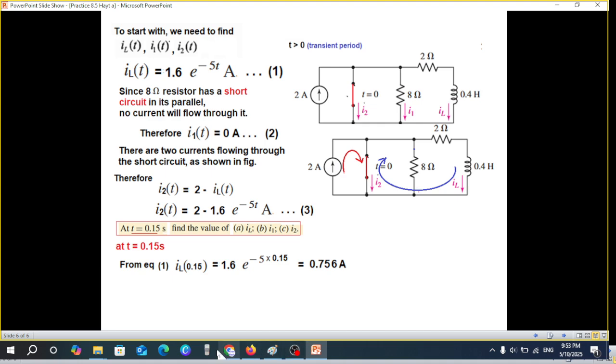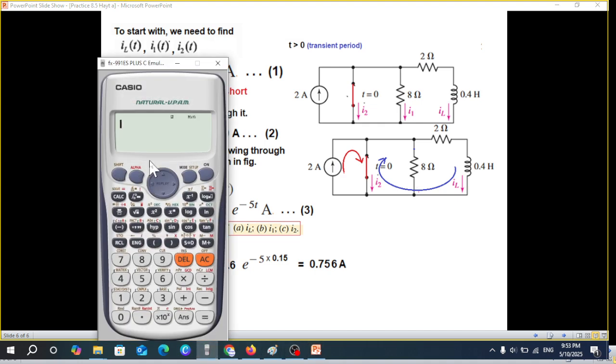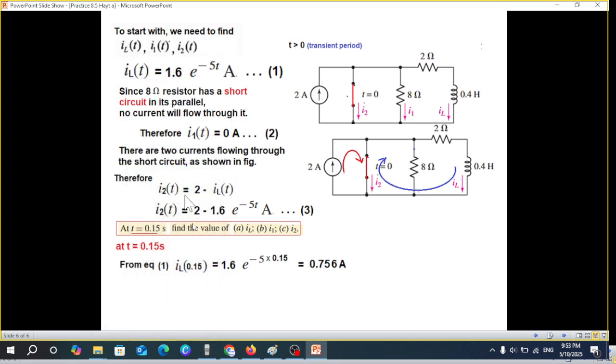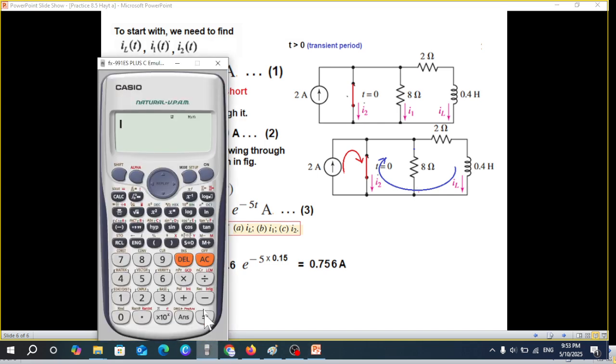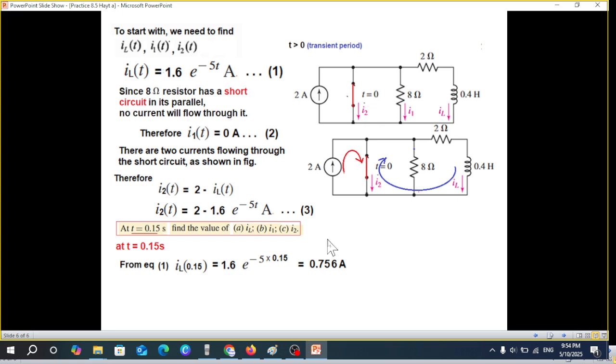If you have any doubt, let me just show you from here. 1.6 multiplied by shift e power minus 5 multiplied by 0.15, equal sign: 0.7557, or we write 0.756 ampere. So this is from the first equation.